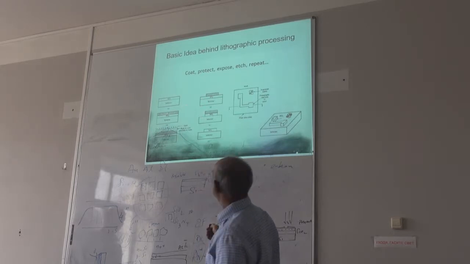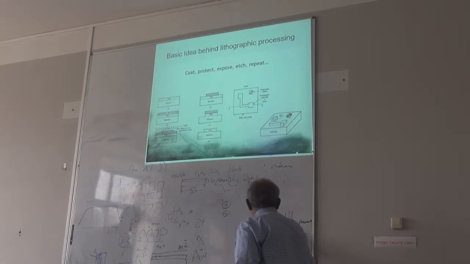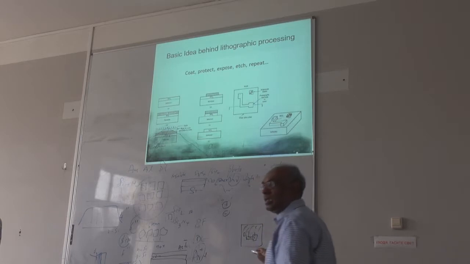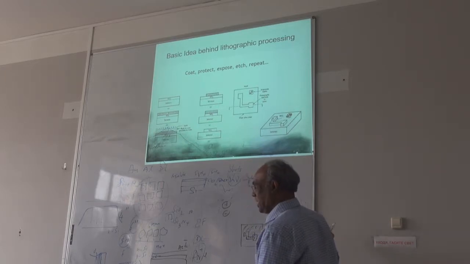Is that clear? So now when I do this one, only this part gets exposed, right? So now if I put this in a developer, then you remove the mask.